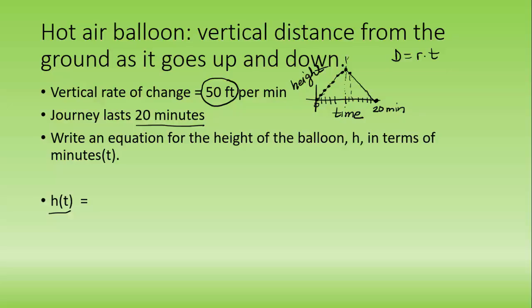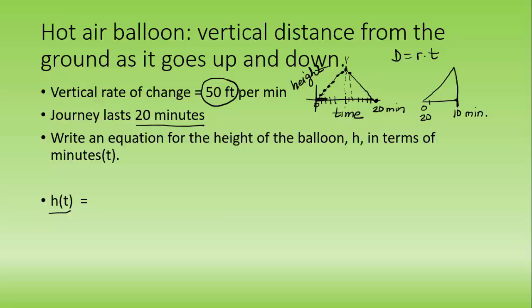We want to multiply our rate by how far we are from 0 or how far we are from 20 minutes, which is the end of the ride. They are an exact mirror image. So you can imagine folding this in half and turning it into just one right triangle that could represent the entire trip. Here's 0 or 20. Here's the halfway point, which appears to be at 10 minutes.